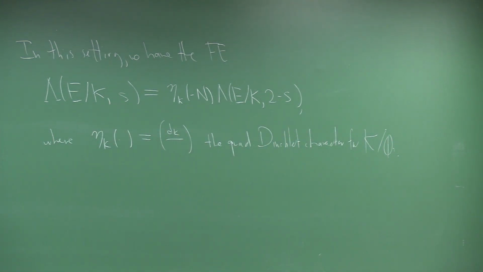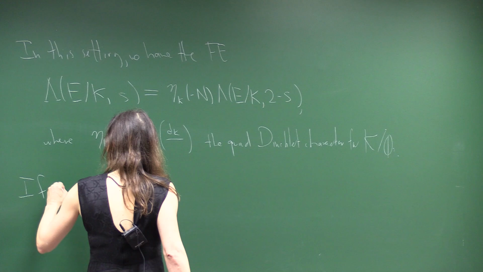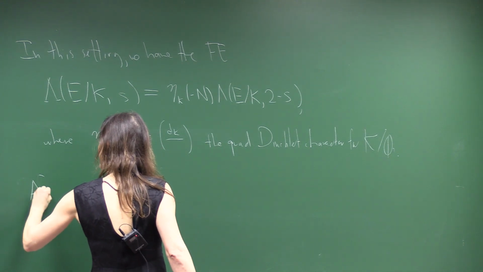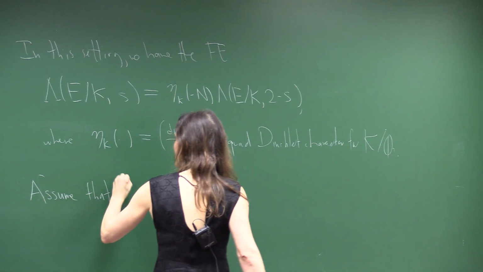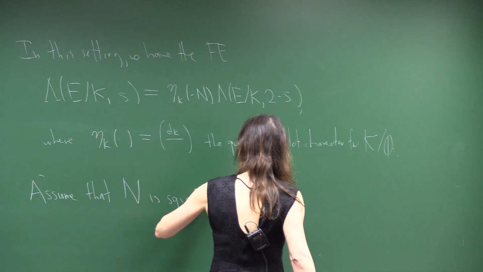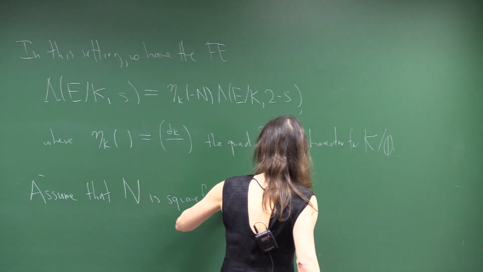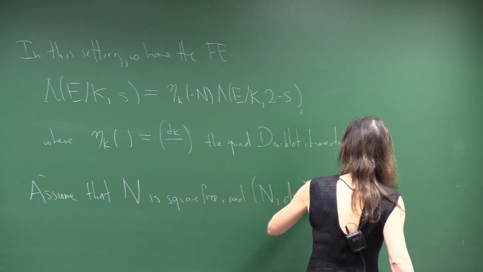And the point of writing this down is that if we assume the following things, assume for simplicity that the level or the conductor is square free, and coprime to the discriminant of the imaginary quadratic field.